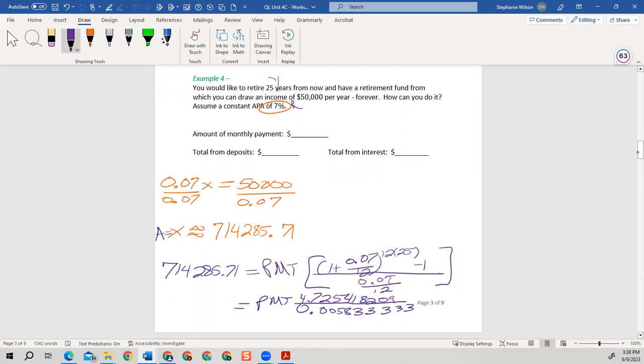So now I have 4.725418209 divided by 0.00583 repeating. Okay, so now I'm going to bring this down: 714,285.71 equals the PMT times 810.071696. And I'm going to divide both sides by that number.